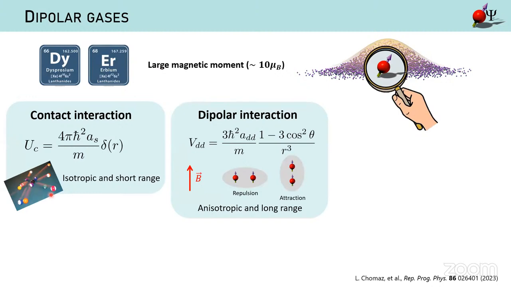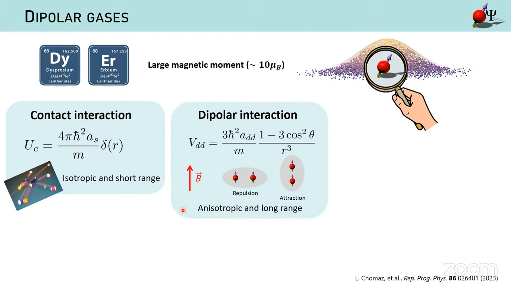So in the presence of an external magnetic field, which gives the direction of polarization of the atoms, two atoms will feel repulsion if they sit next to each other, and they will feel attraction if they are one on top of each other, like small magnets.